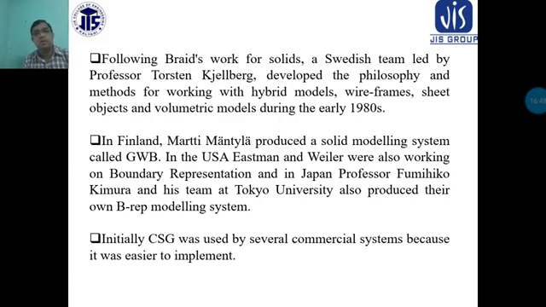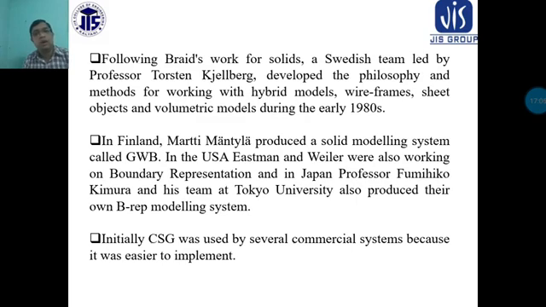Another thing you have to consider is the sheet object: you draw your sheets, represent them, and they go on for printing, as part of the representation of boundary representations.